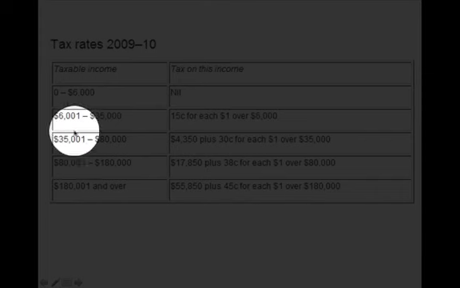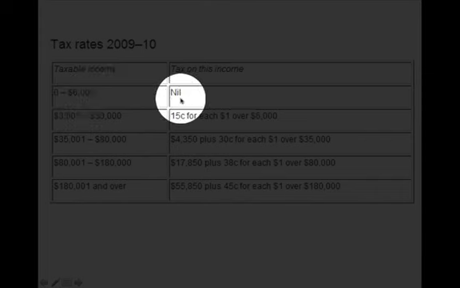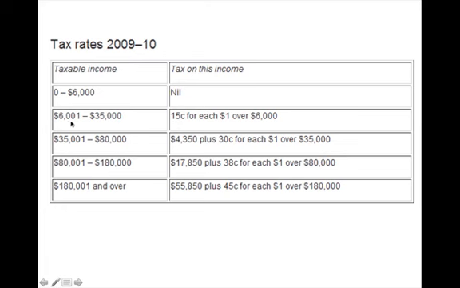For the first $6,000, you pay no tax at all. Money between $6,001 and $35,000, you pay 15 cents in the dollar. Anything between $35,000 and $80,000 is 30 cents in the dollar, and it keeps going up to 38 cents and 45 cents.